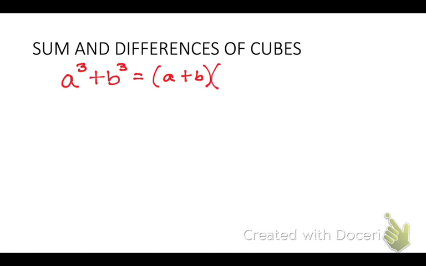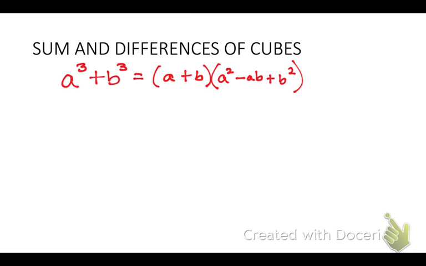Then to get the second trinomial, you square the a, so a squared, you square the b, so b squared, and that middle term is always going to be opposite in sign. So if this is positive, that's a negative. And then you multiply your a and b together, so ab. If you had to ever factor a sum of cubes, that's what it would factor to.